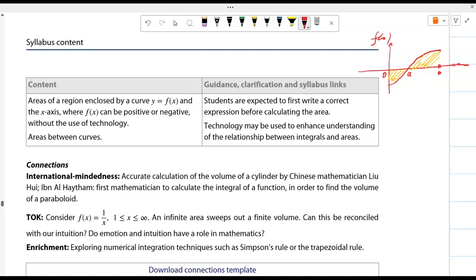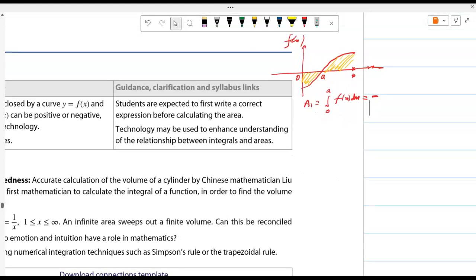So you first integrate. Your A1 will be the area from 0 to a, f(x) dx, and your answer will come out negative.